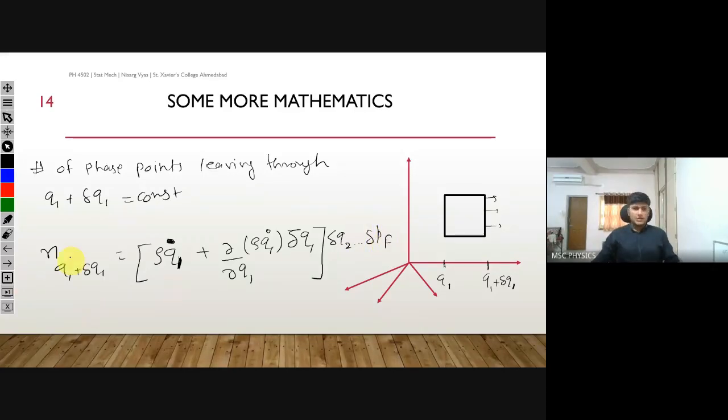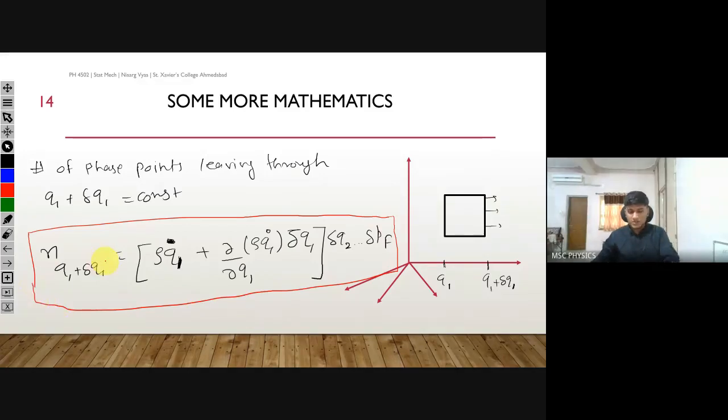This is the number of phase points leaving through this area. Now these two equations are written directly in your book, so I am also writing them directly. Let me give this equation number 3. Now if anybody has any doubts, kindly ask. This is the number of phase points leaving through the surface.